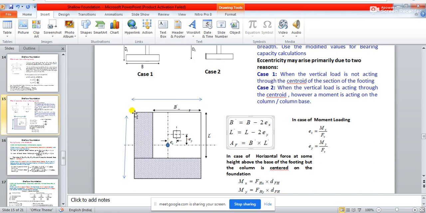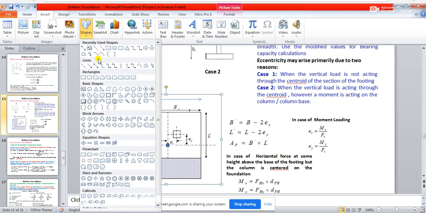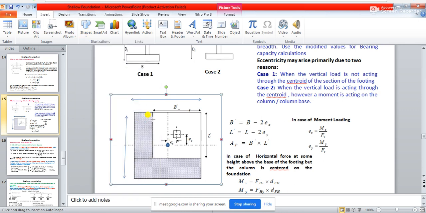So, this B from here to here will not remain, instead it will become B dash.